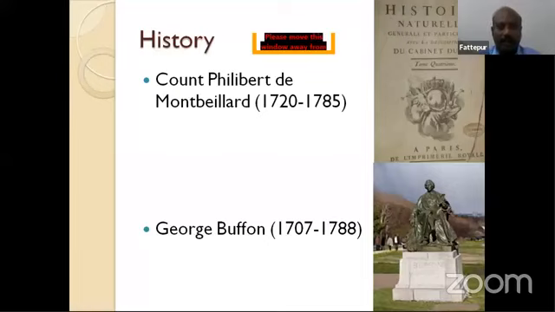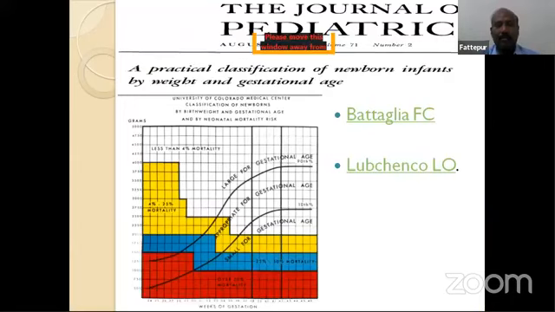Out of that, the work which was really appreciated by many was from Lubchenco. He had published the intrauterine growth charts by plotting the anthropometric measures of all three, the weight, the length, and the head circumference, starting from 24 weeks to 42 weeks.